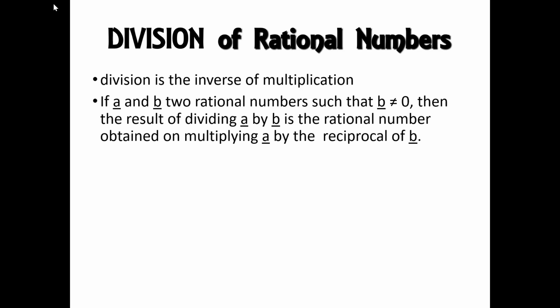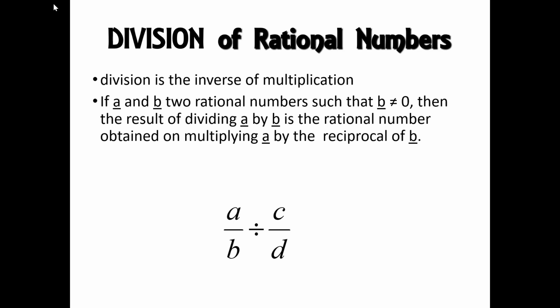If A and B are two rational numbers such that B is not equal to 0, then the result of dividing A by B is the rational number obtained on multiplying A by the reciprocal of B. So, ganito yon.